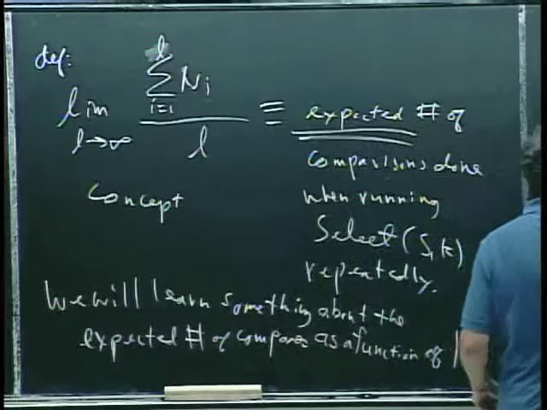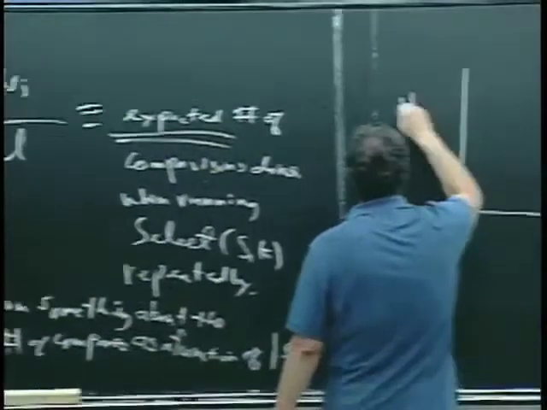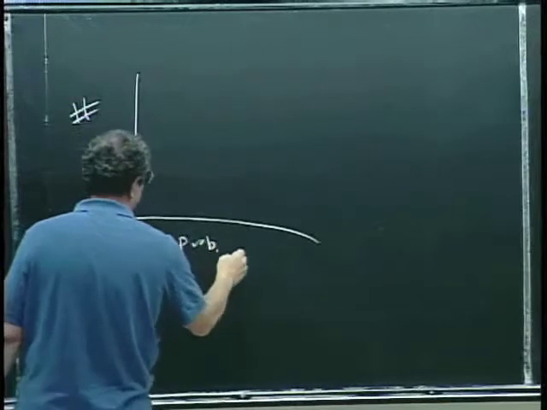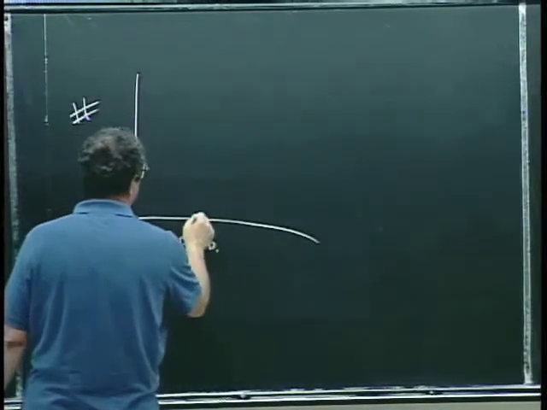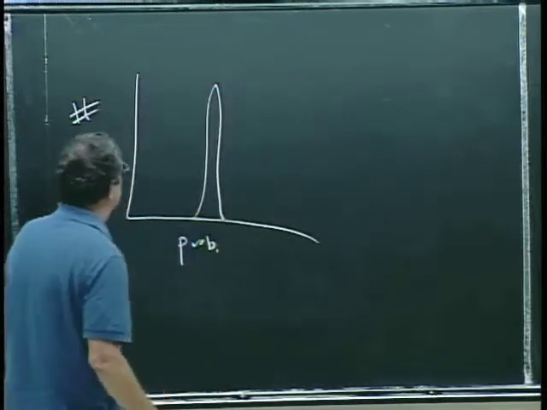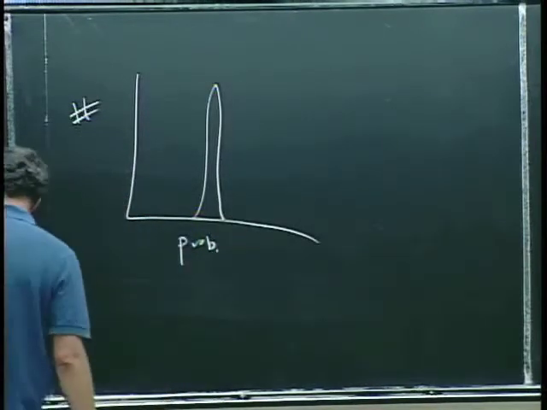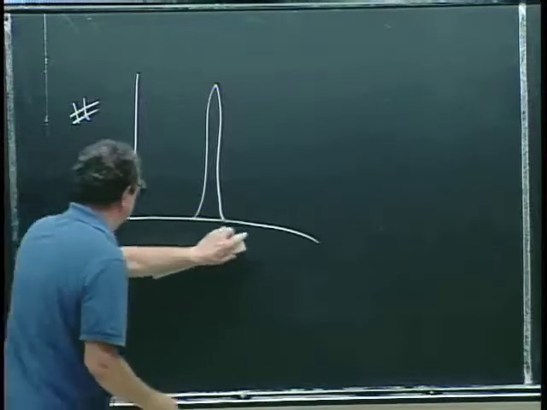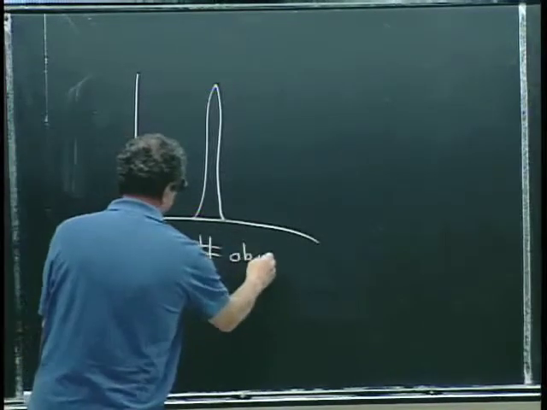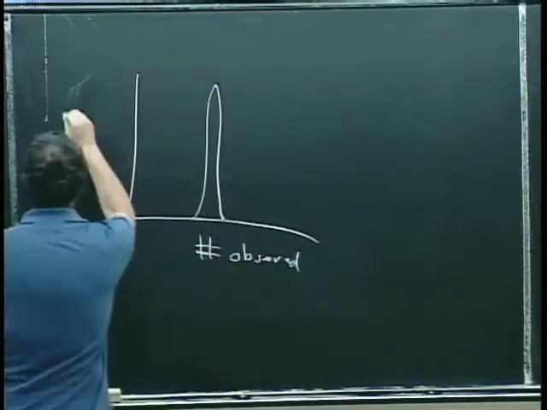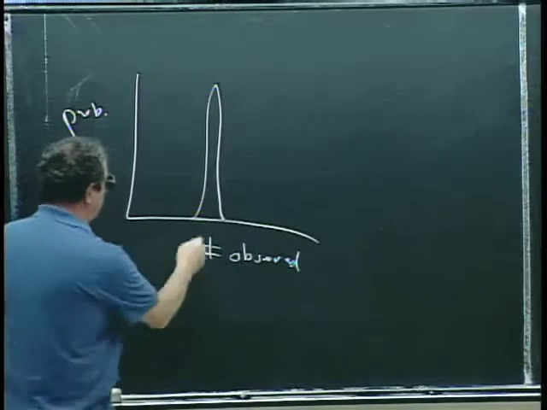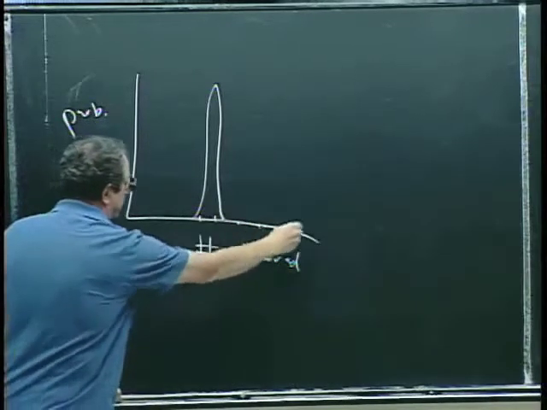So you can have some values here, and this is the probability of observing it. This is the number. These are the things that you're observing. And this is the probability.